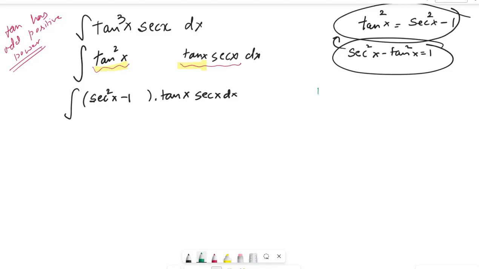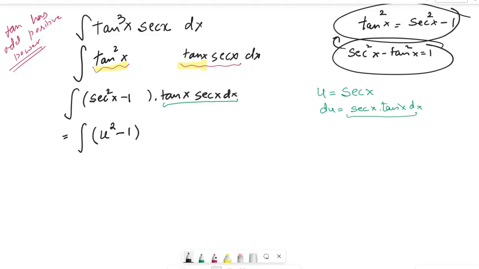Now I'm going to u-sub my secant x. When I do that, du, the derivative of secant, is secant x times tangent x. Now you see we kept that here for this purpose, so that can now be converted into du. So my integral is the integral of u squared minus 1 du.